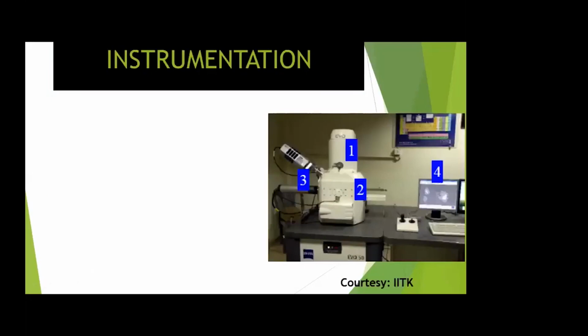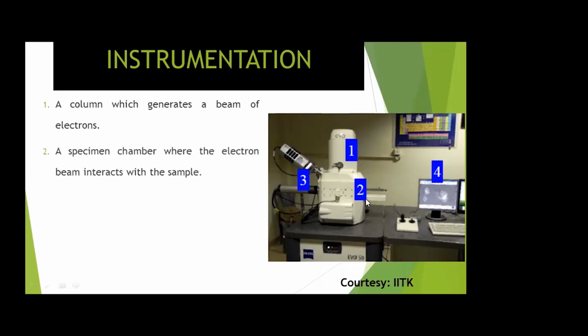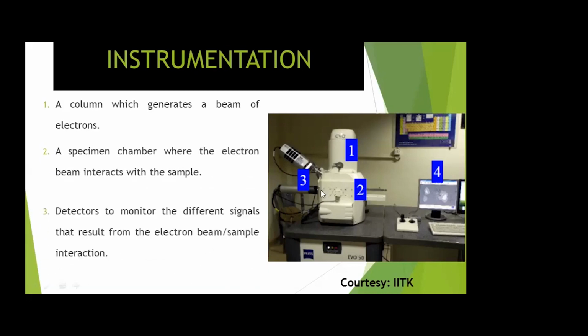Now let us talk about the instrumentation. This is the actual instrument, how it looks, courtesy IIT Kharagpur. Number one here is a column which generates a beam of electrons. Number two is a specimen chamber where the electron beam interacts with the sample.